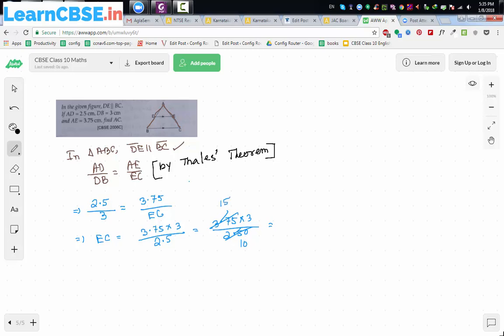Now you cancel the 15 by 5, that gives you 3, and this by 5, that gives you 2. So it gives you 9 by 2. So we're getting EC as 9 by 2, that is 4.5. So EC will become 4.5 centimeter.